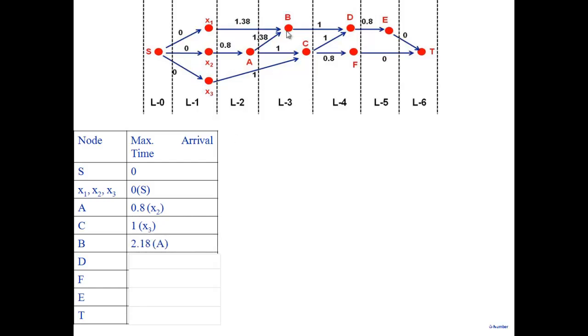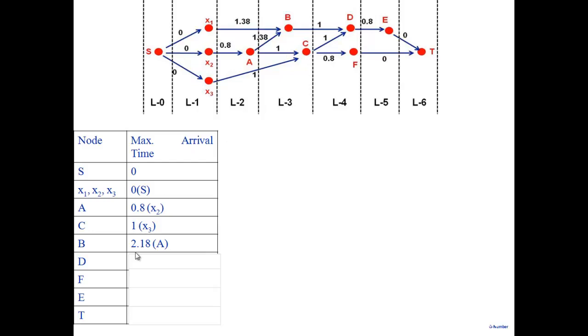At B, we have a choice now. The maximum arrival time at B is 1 point... The maximum arrival time for C will be, yeah, there is an issue here.